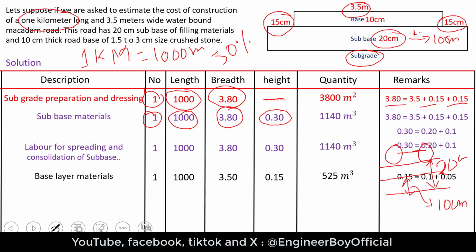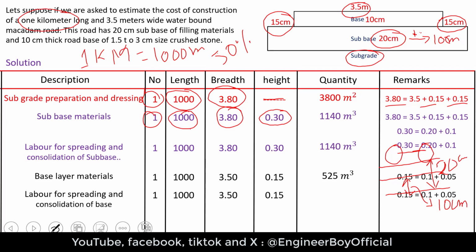And the material for base should be based on the specification, okay? You have to look at the size and many more specifications before bringing or buying the material for the base layer, okay? Now even labor is required to spread the base materials, okay? And this is going to be the same quantity as the base layer materials.